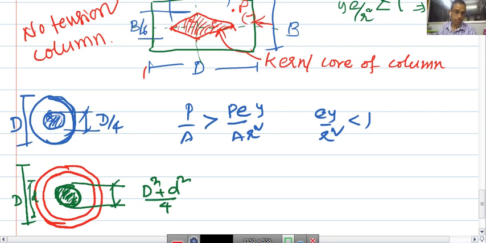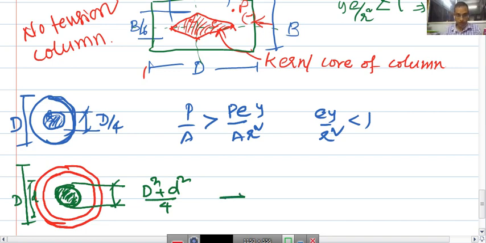So you may be asked a question to find out the kern of a section, that is the area. With this diameter you can find the area or the diameter of the hollow section.